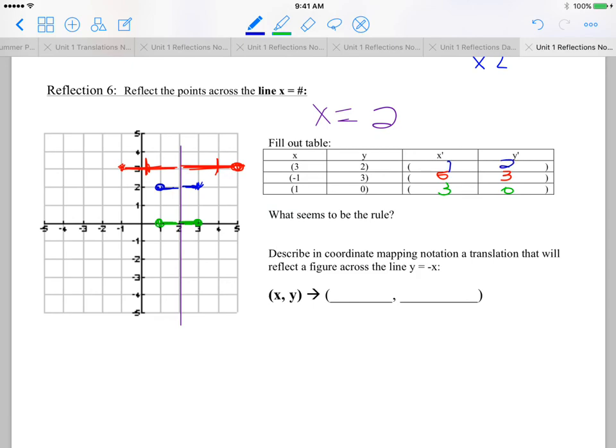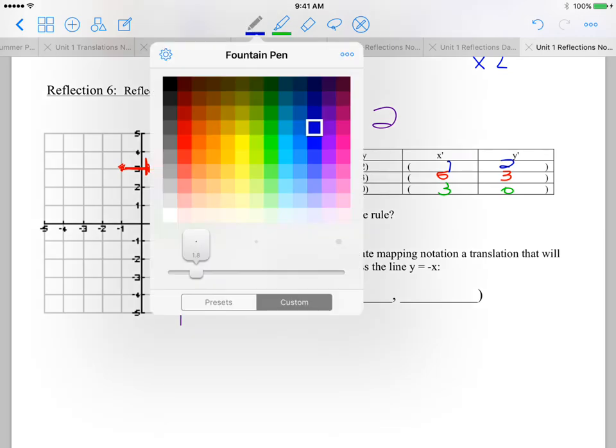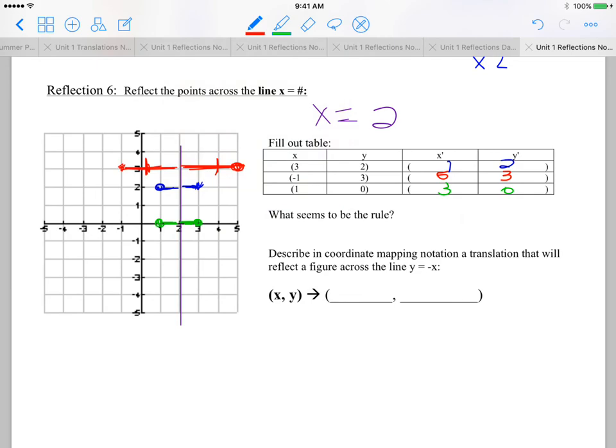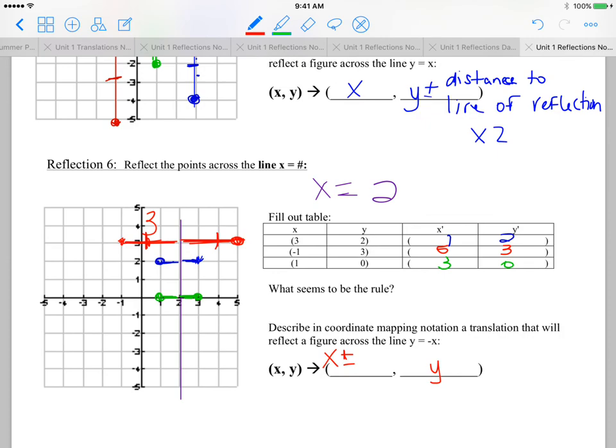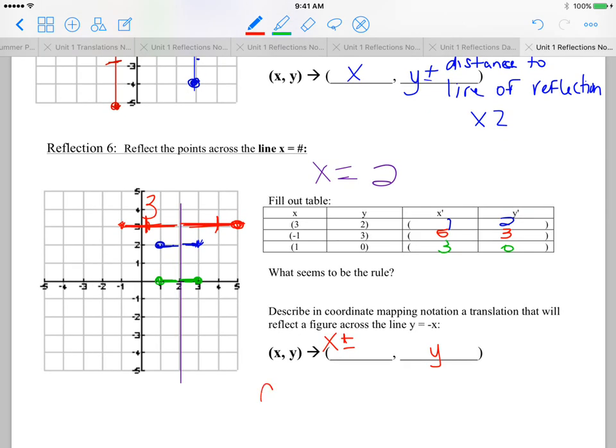Okay, let's look at the rule. One last check. Let's do red because he's so far. We went 1, 2, 3 units on red. So he went 3. So again, y is not changing, just like on the x-axis. I'm going to go x plus or minus, just like up here, the distance to our line of reflection.